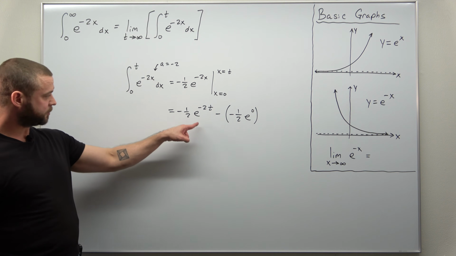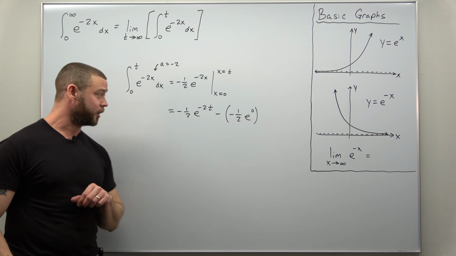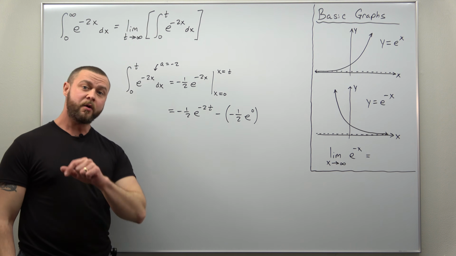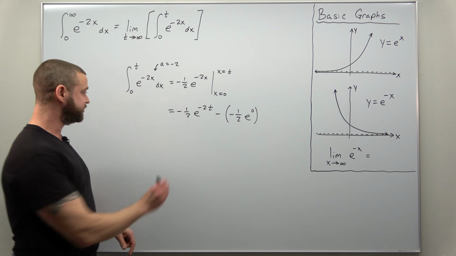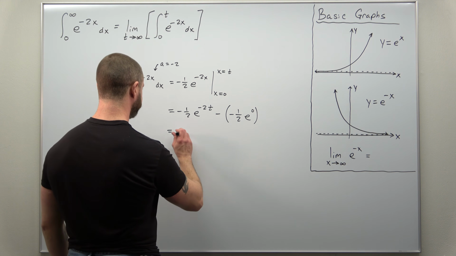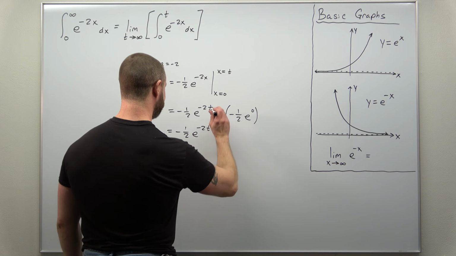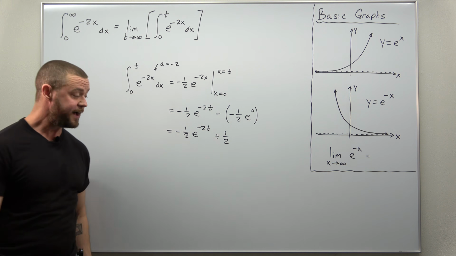This part was plugging in x equals t. That part is plugging in x equals 0. Notice we can simplify this a little bit. We know e to the 0 is 1, and the two negatives there cancel out. So we can rewrite this as negative 1 over 2 times e to the negative 2t, plus 1/2.